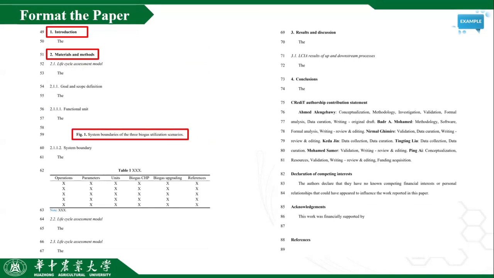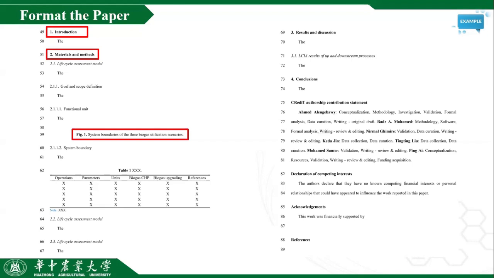I even keep the format of this each time, because if I create this format every time, I may use non-uniform format. For example, I use this in 12-point font. Maybe wrongly, I can write the material and method in 14 or 16, so I keep everything in the same format. For example, the figure 1 in the middle.